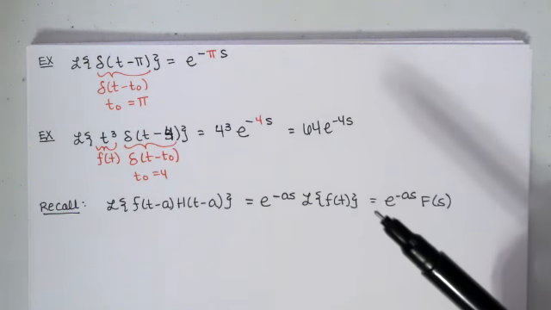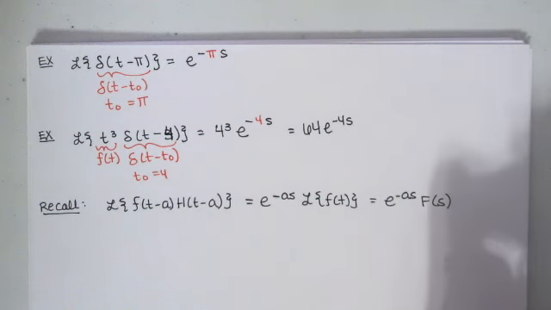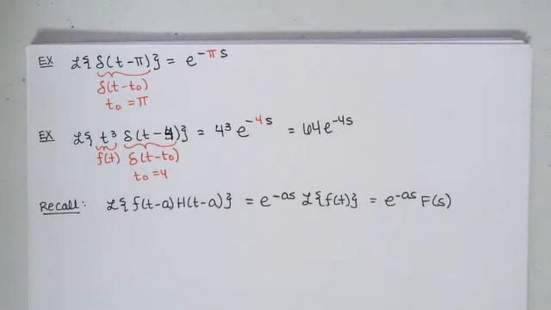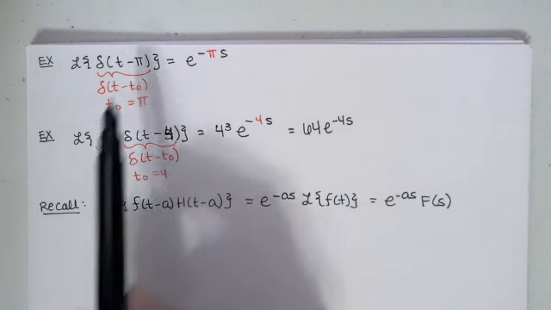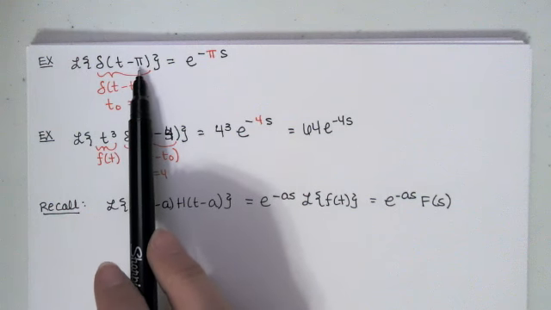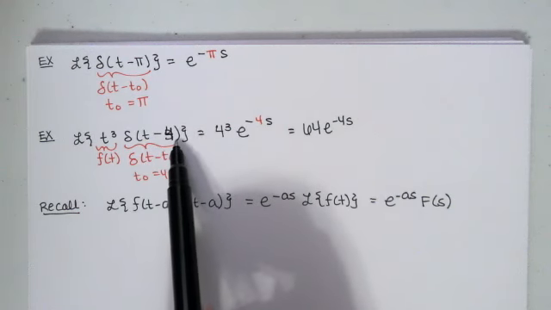Now we're talking about the same type of thing, but instead of having a piecewise continuous function, we've got a function that is representing a very large magnitude force at a particular point in time. So it's like an infinite amount of force at t equals pi, or an infinite amount of force at t equals 4 here.